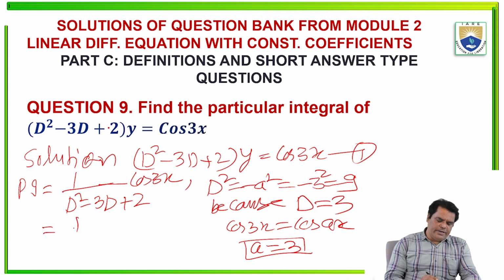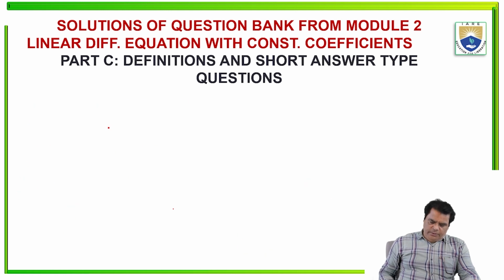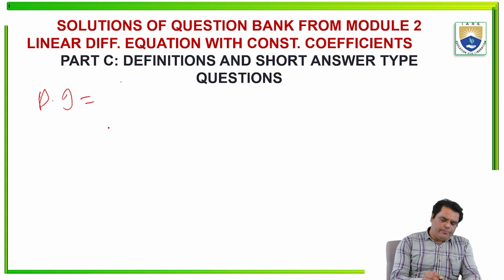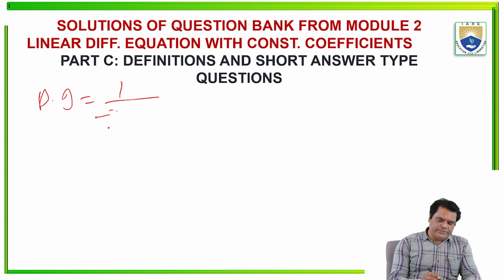So here I am putting 1 upon D square means minus 9, 3D plus 2, into cos 3x. Okay, so now P.I. is equal to 1 upon minus 9 plus 2, means minus 3D minus 7, into cos 3x. Minus taking common.